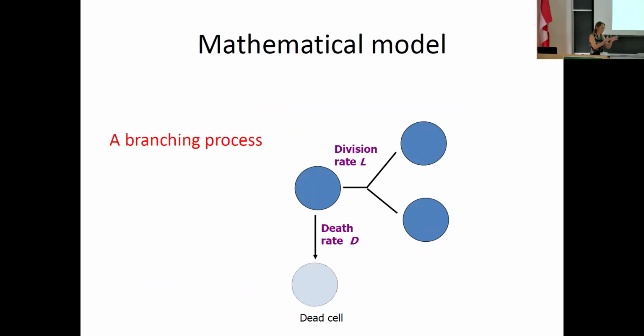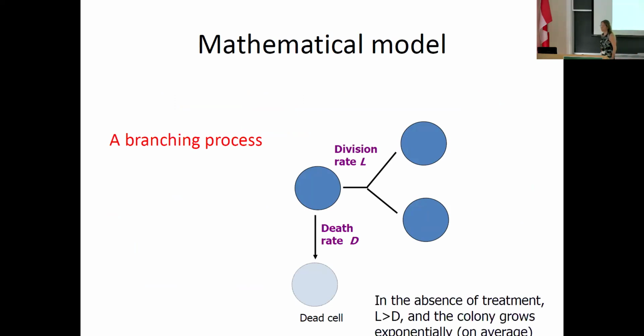You can see that a tree of divisions grows and also gets depleted by the process of cell death. In the absence of treatment, we assume that the rate of division is greater than the rate of death, and then the colony grows exponentially. Exponential growth is probably a good assumption for leukemias. It's not a good assumption for solid tumors.